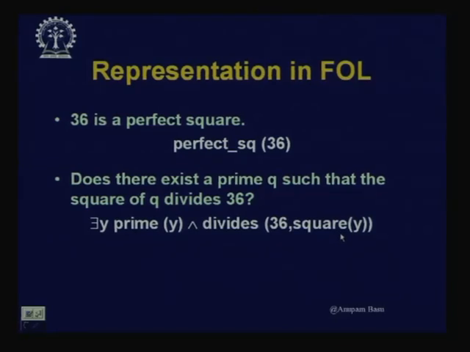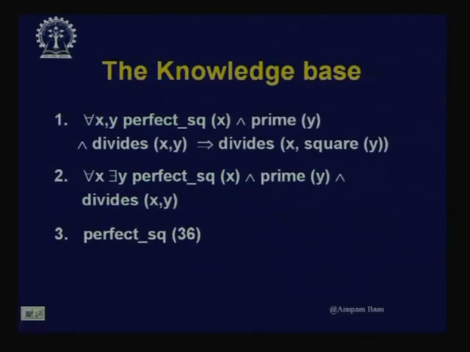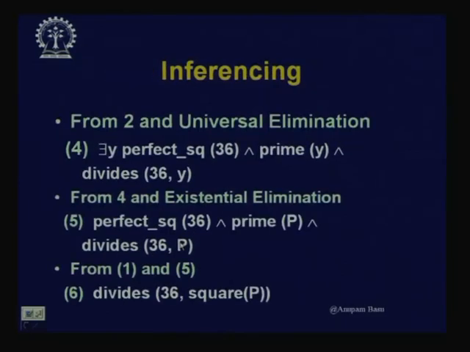Next, with these I have got a knowledge base, and what is that knowledge base? These statements: for all x y, perfect square x and prime y, and divides x y implies divides x square y, that was the first sentence. The second sentence was this, the third sentence was this, that we have just now done.